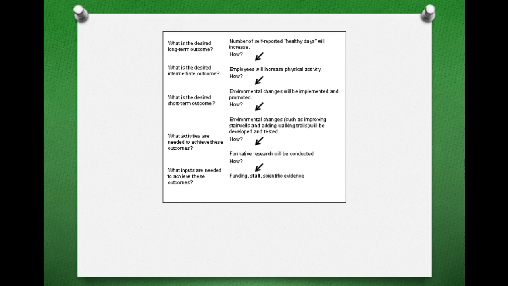We make environmental changes that are implemented and promoted. So how do we get there? We need to improve stairwells. We need to add walking trails. How do we know that that's what needs to be done? This is based on research. Then we conduct research to learn that.